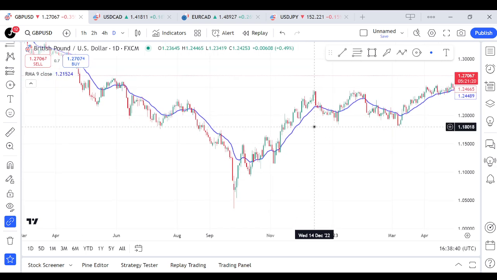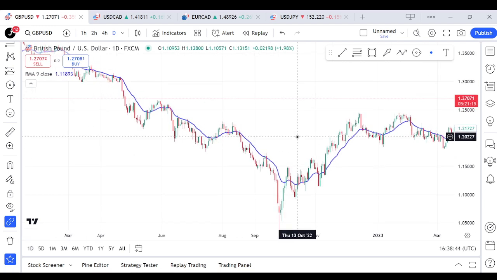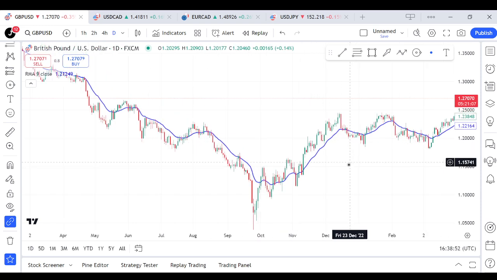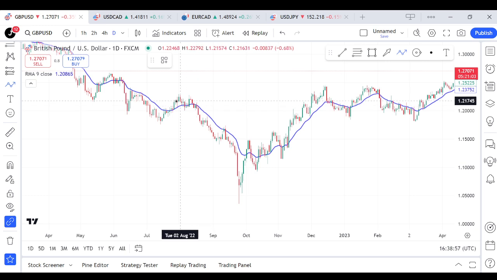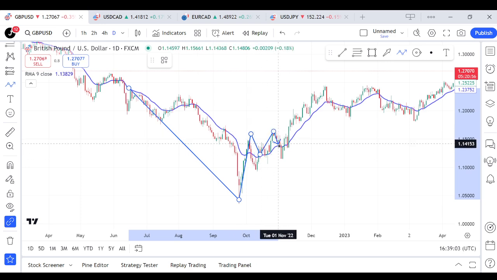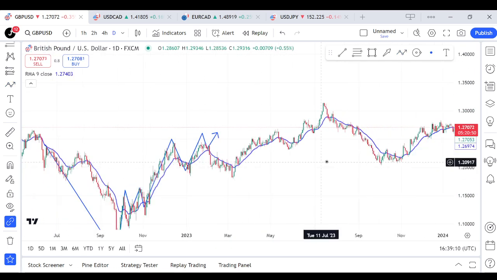Notice how the rolling moving average in this chart provides early signals of trend reversals compared to other moving averages. This early detection can give you a valuable edge in your trading decisions. You can see where we had the break, where we had the shift from bearish to bullish. You can see the market giving us several touches to the rolling moving average, using it as support as it pushed price up.